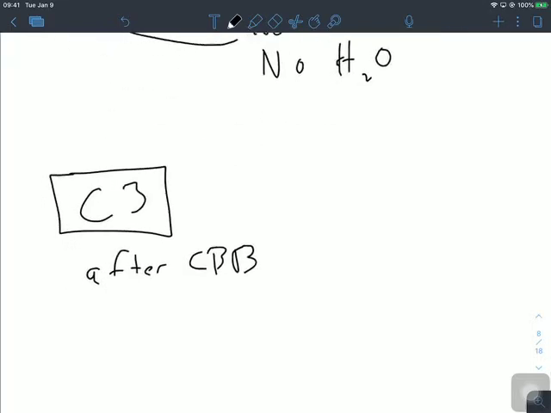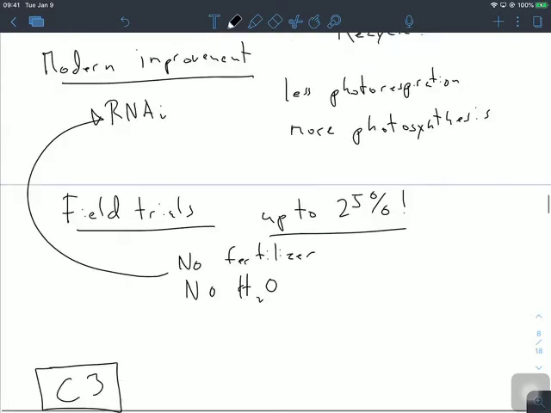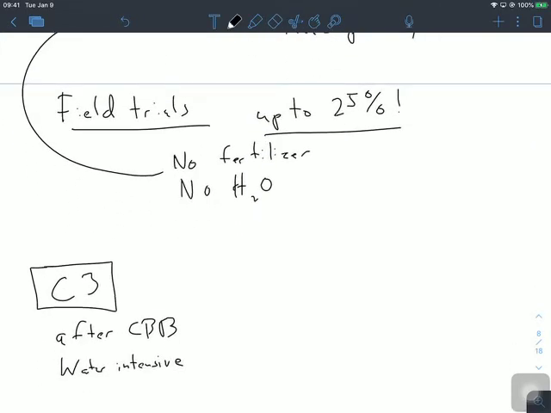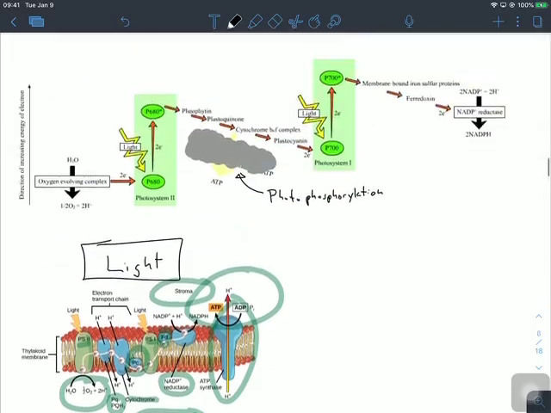This process, in general, is fairly water intensive. Not because more water is being used at the oxygen evolving complex, but because you need to keep your stomata open.